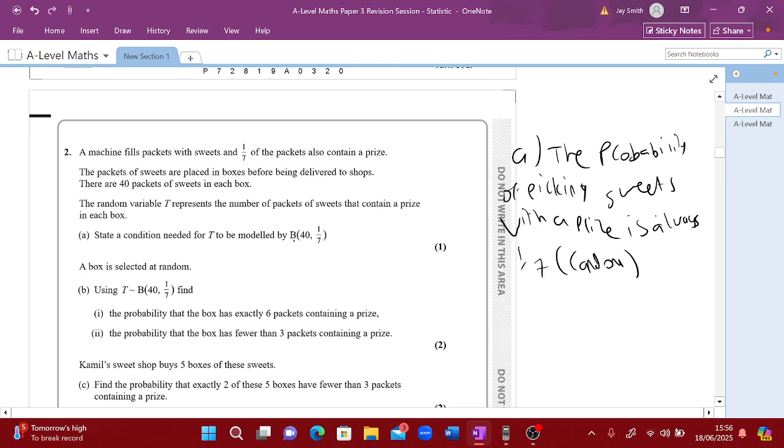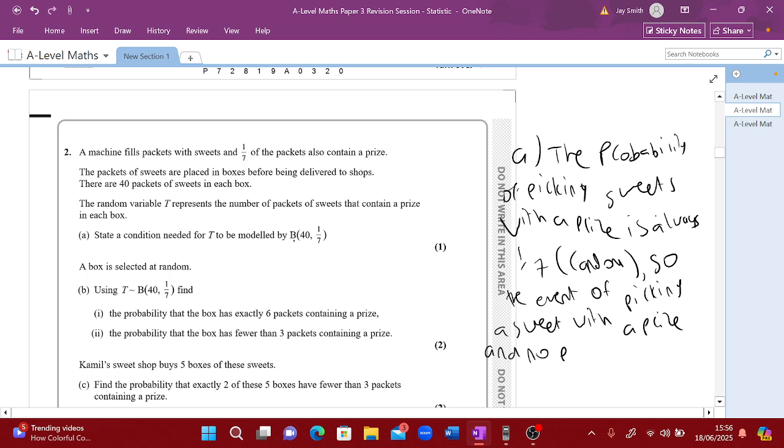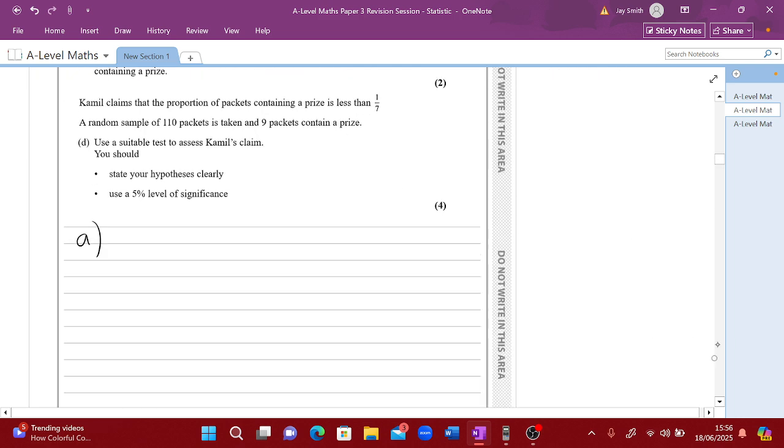The event of picking a sweet with a prize and the event of picking a sweet without a prize are independent.